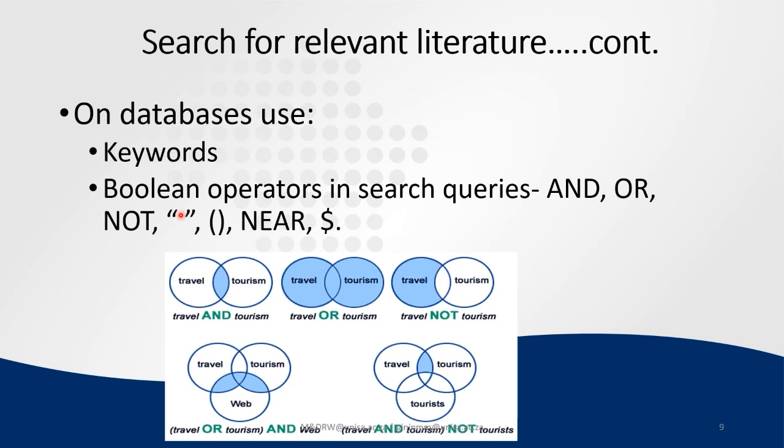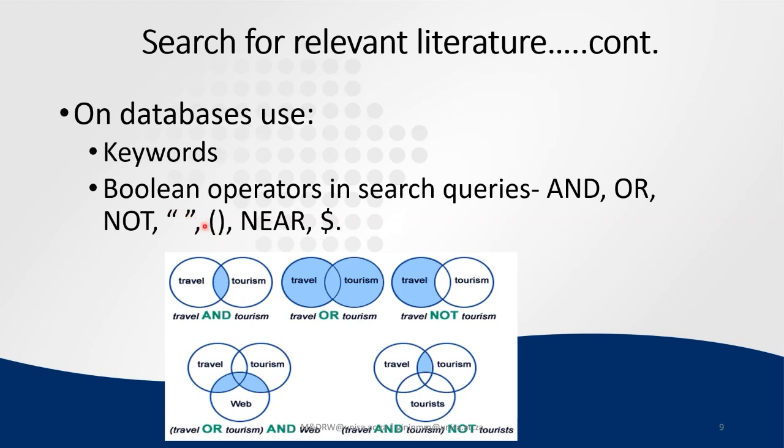If you type South Africa in quotation marks in Google search, Google Scholar or Scopus, all these search engines, you'll get results having the words South and Africa together. That is what it means.